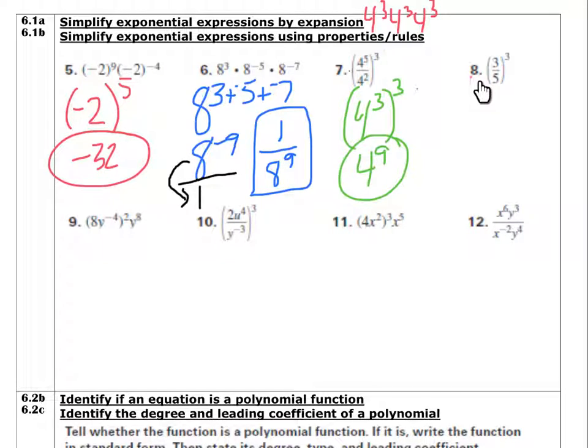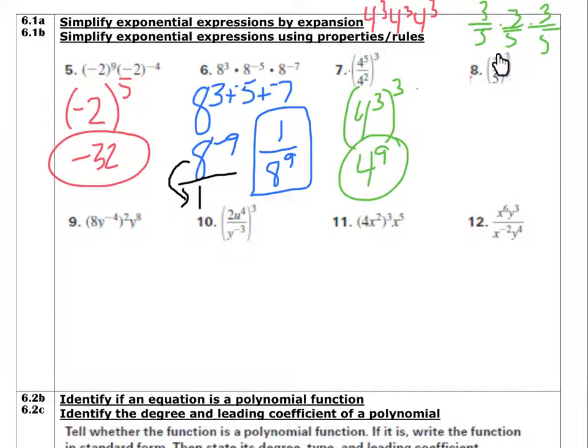Moving on to number 8, we have 3 over 5, which can't be simplified further, all cubed. In this case, what we want to do is actually either you can repeat this base 3 times, or the trick is to distribute the exponent. If you were to repeat the base, it would be 3/5 times 3/5 times 3/5. What you're going to notice is this would become 3 cubed on the top, and this would be 5 cubed on the bottom.